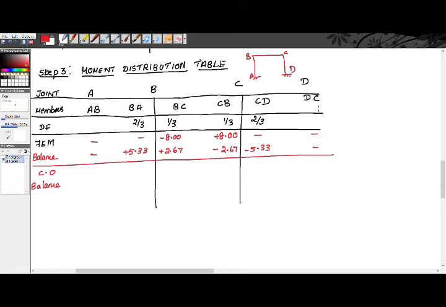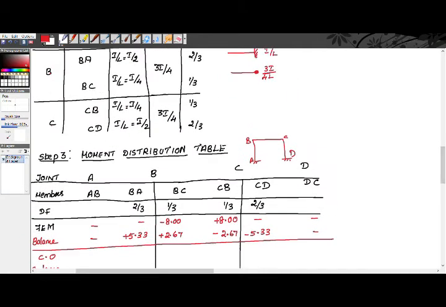At D we have DC. Now we will write the distribution factors, which we determined in the last step. For BA the distribution factor is 2 by 3. For BC it is 1 by 3. For CB it is 1 by 3. For CD it is 2 by 3.